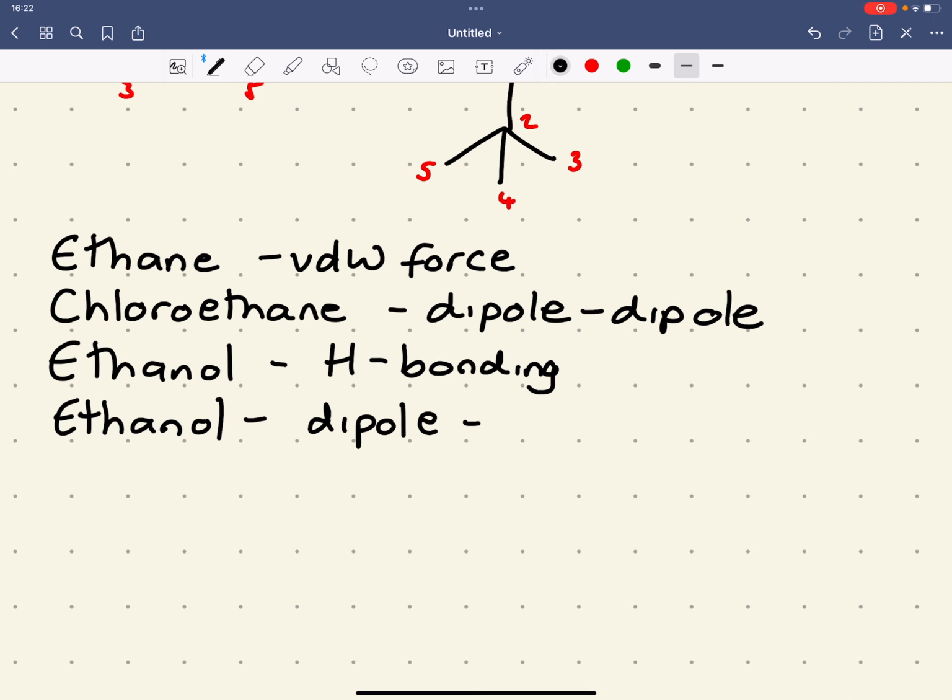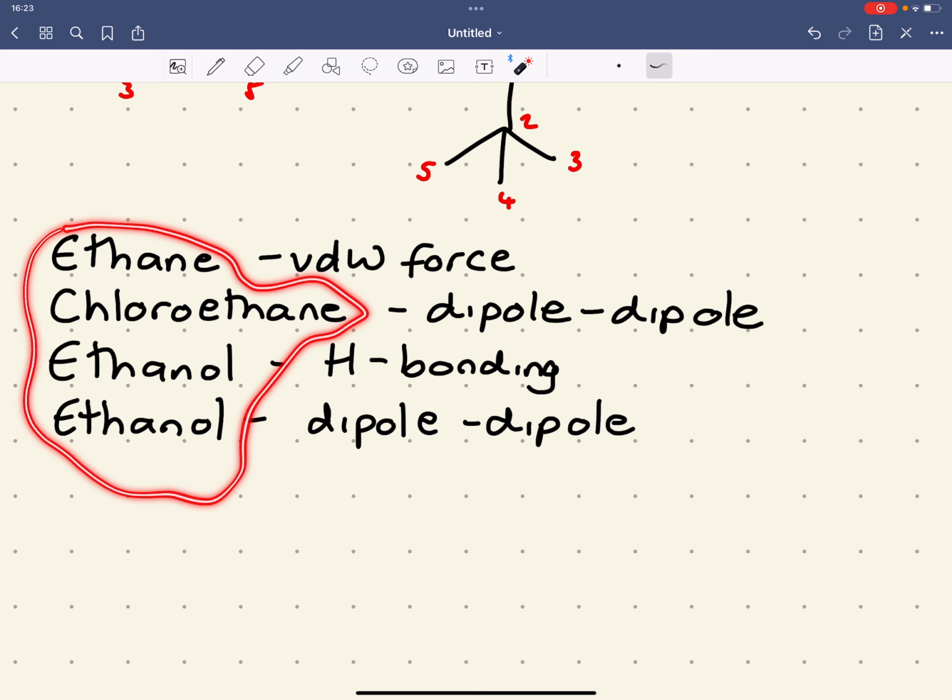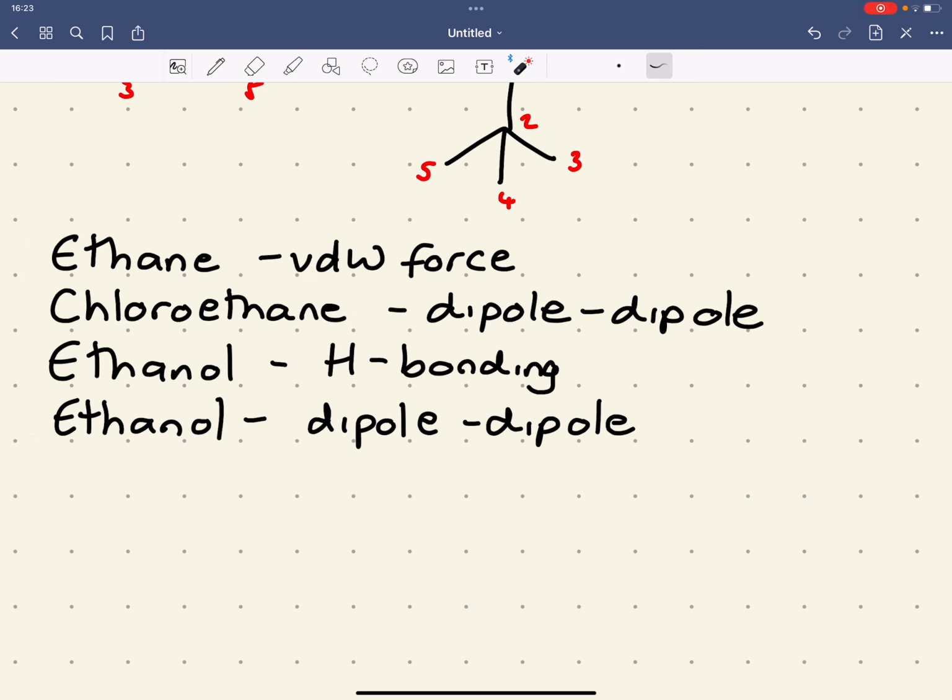So you've got to think then, they've got similar mass. So which one's going to have the strongest? Remember, generally, if you've got a massive big molecule, it'll have lots of electrons, and that's normally going to have a high boiling point. But all these four are going to have similar, not the same, but very similar masses. And therefore, we're going to look at the one which has got the strongest intermolecular forces. Hydrogen bonding, you should be aware, is the strongest intermolecular force if they've got similar numbers of electrons.